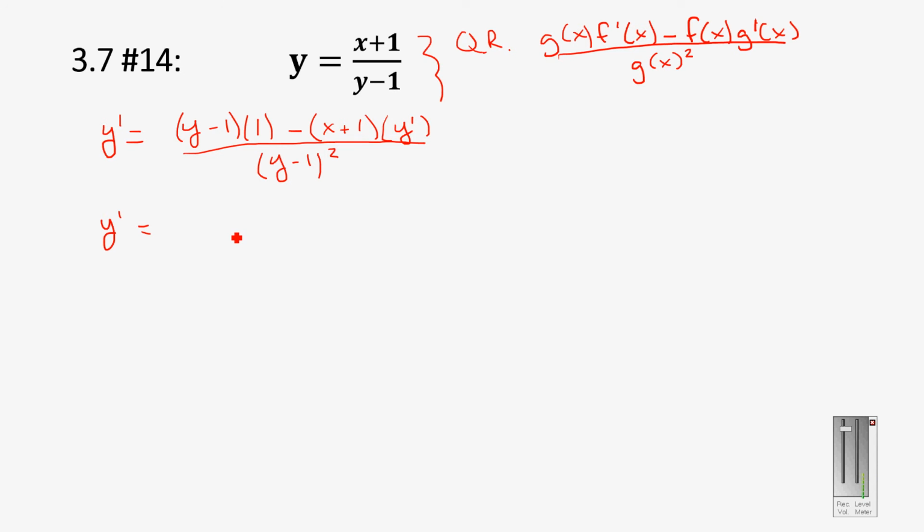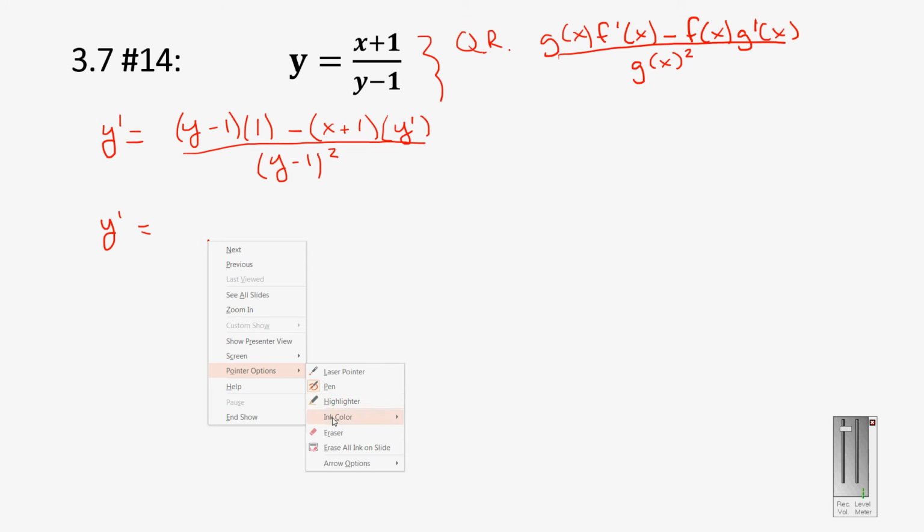Looking to see if there's anything I can do to make my life a little bit easier. I think I might be likely to pull that y minus 1 squared out of the bottom. So let me erase this real quick. Pointer options, eraser.